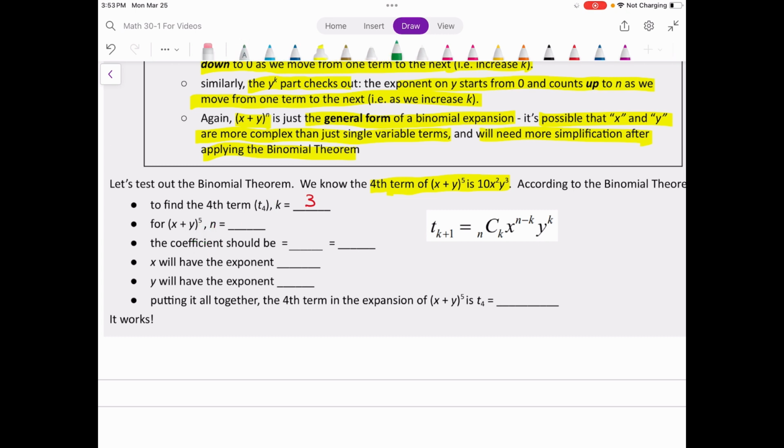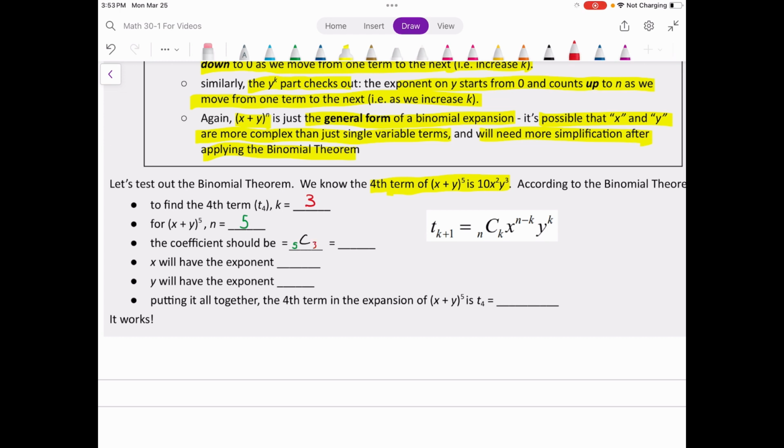It's the exponent. Okay, so the coefficient should then be, according to this, n choose k. So the coefficient should be 5 choose 3.